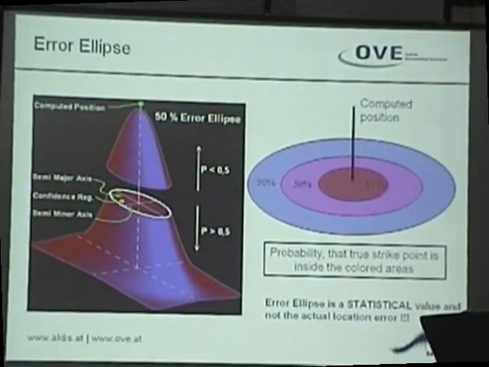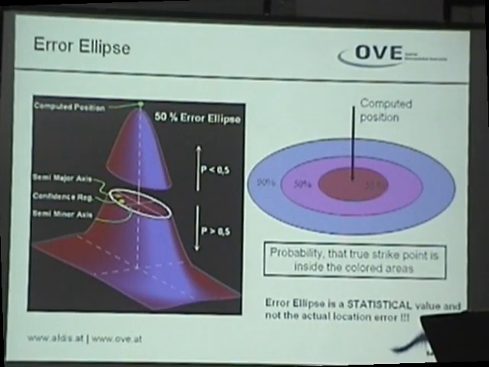It could also be that the stroke position is outside, 50%. Of course, you can calculate the 90% probability that the stroke position is inside an error ellipse. Then the error ellipse becomes bigger. The error ellipses given in solutions are usually 50%. Always 50% in solutions.